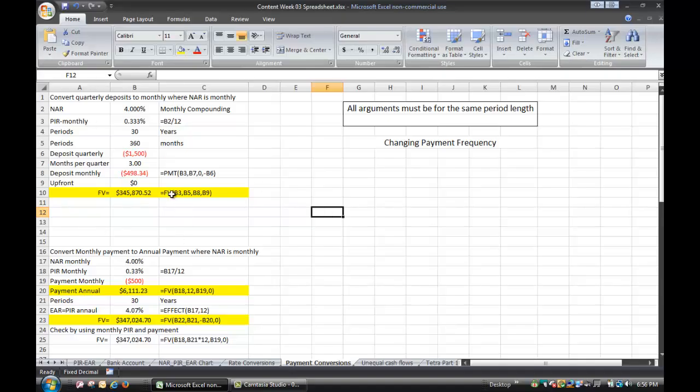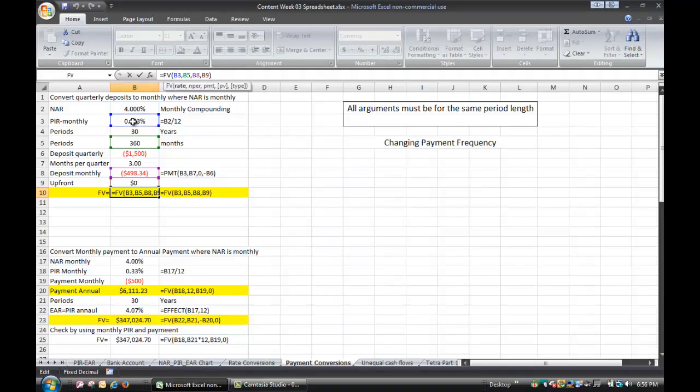The future value of that in 360 months, we use B3, the monthly PIR, since we now have a monthly deposit. The number of periods is now monthly. It's going to be 360 in B5.